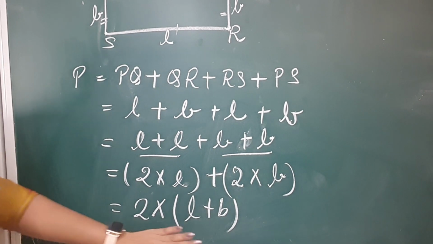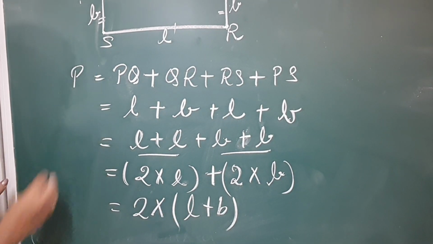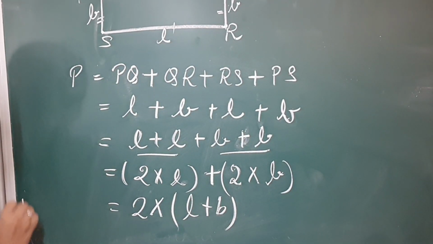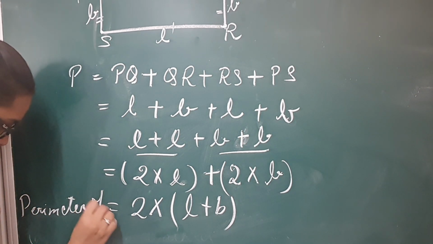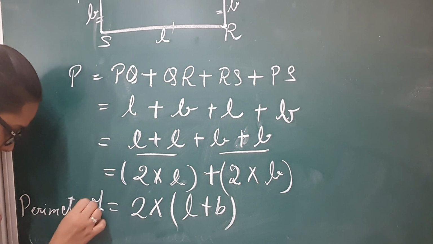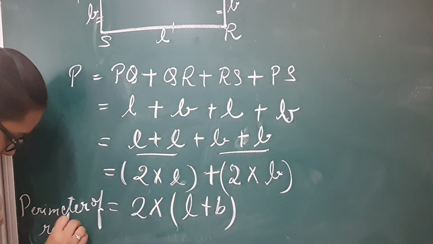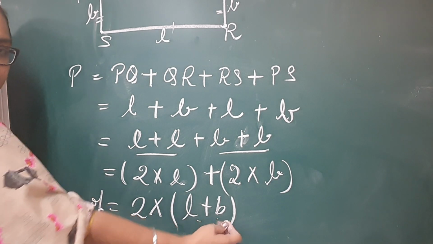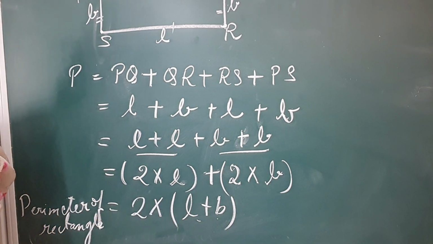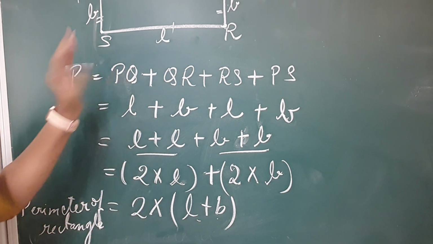So here you have come to know the formula for the perimeter of a rectangle. The formula is 2 into length plus breadth, or else you can write 2 length plus 2 breadth. Both are formulas for the perimeter of a rectangle.